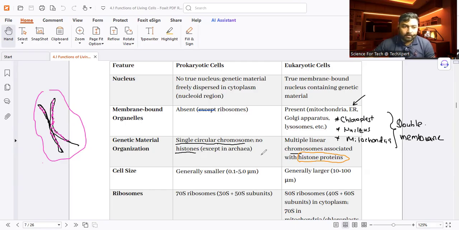I think it's better to draw this figure under eukaryotic cell, that means here, and name these as the histone proteins. Most of the points in this table have been asked in the A-level SFT paper, but this histone protein story, not yet.